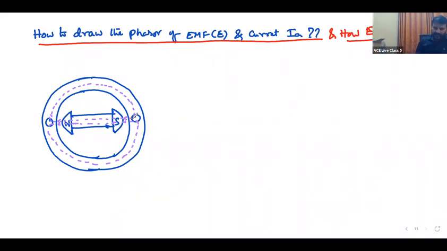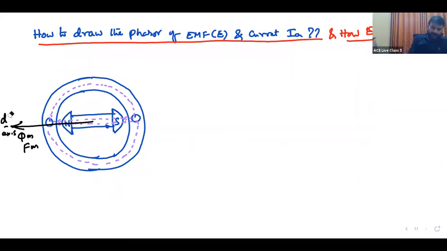The phi m phasor is in this direction. This is the main field flux, phi m or Fm. This is along the d axis.